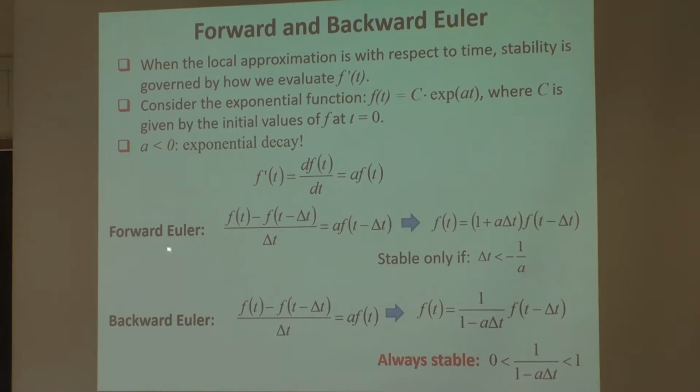In forward Euler, it's a times f evaluated at the previous step. In backward Euler, I use my present value. With a little bit of math, moving this around, forward Euler is this, backward Euler is this.